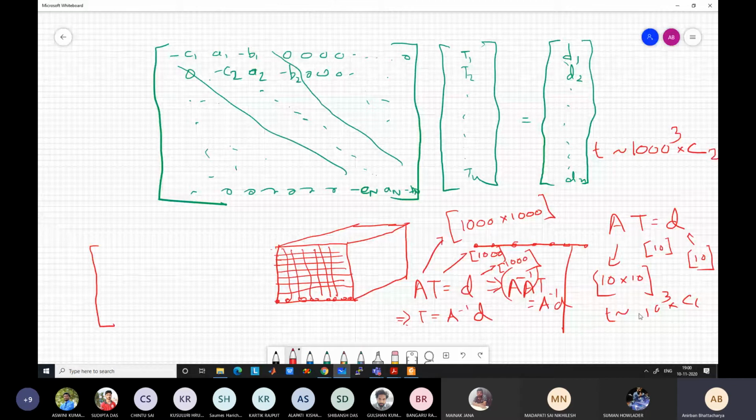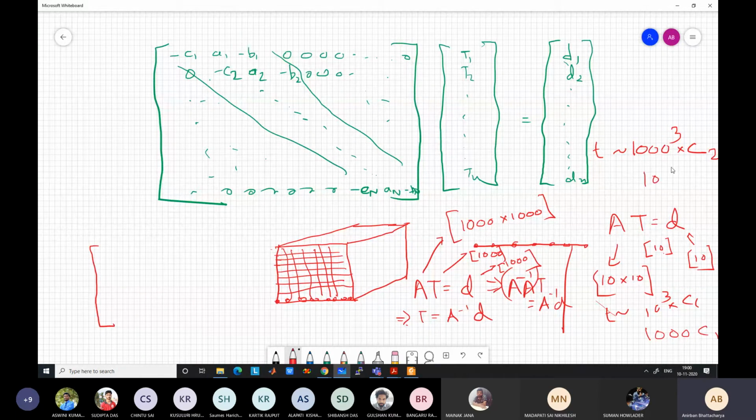So you can see that for 3D problems, how problematic it is to use normal direct methods, like Gaussian elimination. Even for the same grid resolution, where we are not refining the grid, because the number of equations has increased by 100 times, previously it was 10 and now it is 1000, our calculation time has gone from the order of 1000 to the order of 10 to the power 9.